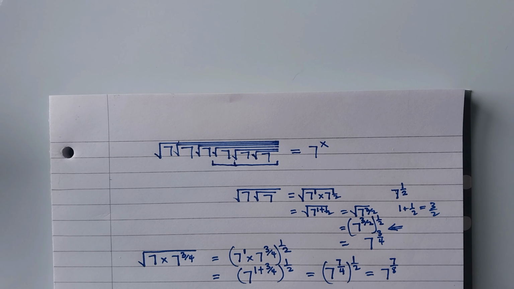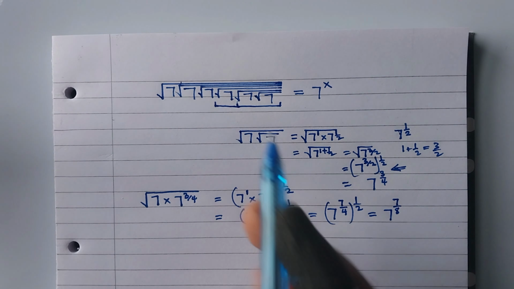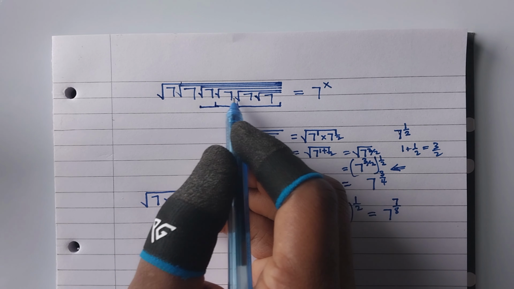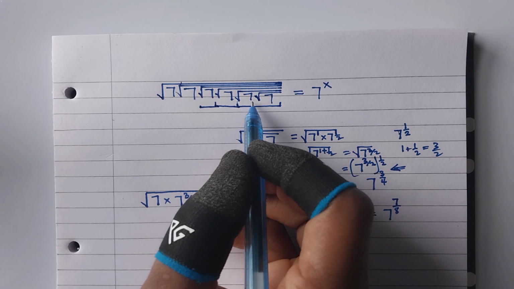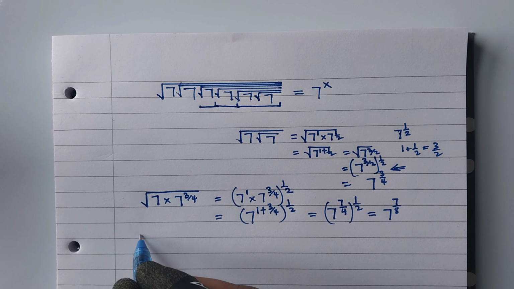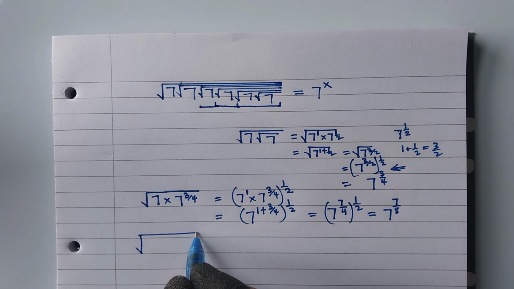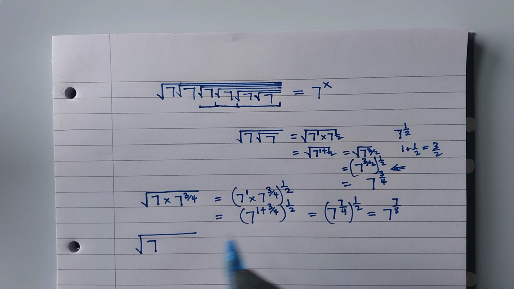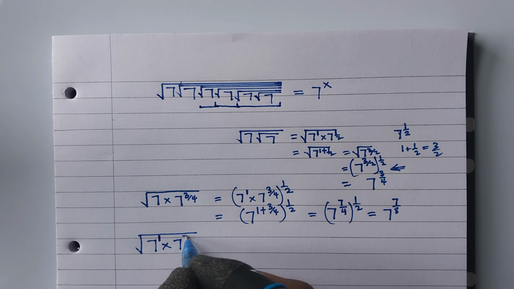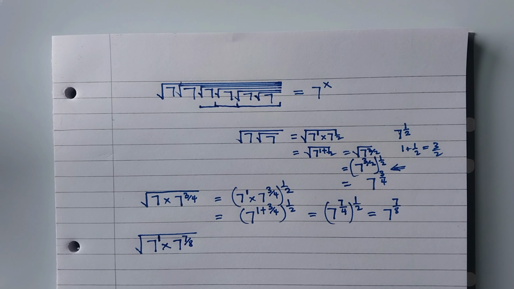So if I extend that forward to the 4th radical, the 4th 7. So that becomes the square root of, let me bring it out, the square root of 7, and everything I've simplified earlier, times 7 raised to power 1, then times 7 raised to power 7 over 8.